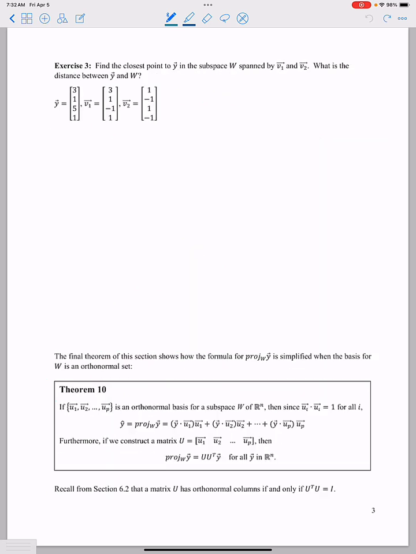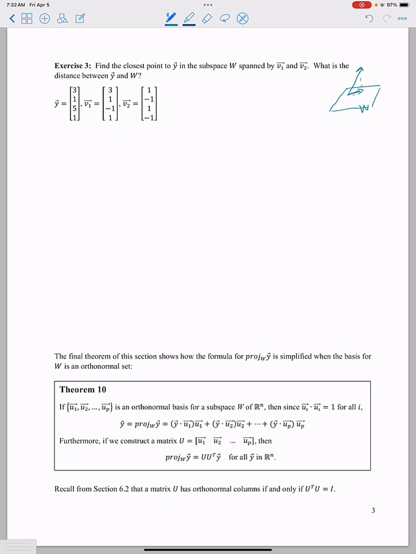In exercise 3, we want to find the closest point to Y. So I'll try to draw this. If this is W and Y is something not in W, doesn't lay flat in W, I want to find the closest vector to that. Well, the closest vector that is in W will be the orthogonal projection.